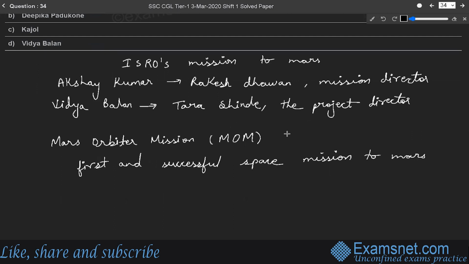Its success placed India in the club of countries that have reached Mars, and India became the first country to do so in the very first attempt.